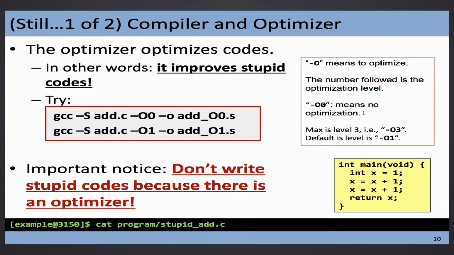How would you improve it? First of all, who doesn't agree that this is a stupid program? This is stupid, right? If you think this is a stupid program and you want to improve it, what would you write down? Any idea? Any volunteer?